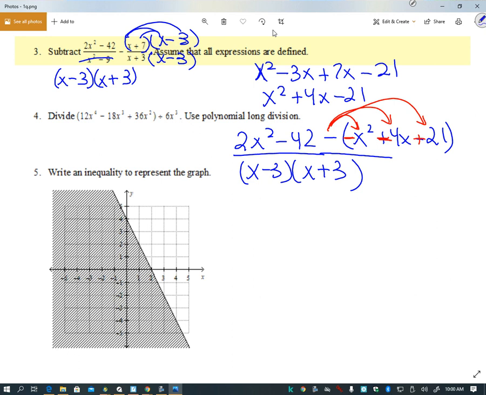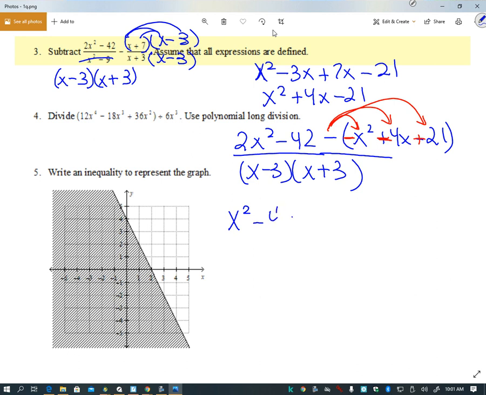So what is 2x squared? And it's not like this is a double negative. That's just truly a negative. What is 2x squared minus x squared? Let's come back over here. X squared. Okay. And we have negative 42 plus 21. Is this negative 4x? Is that left all alone?